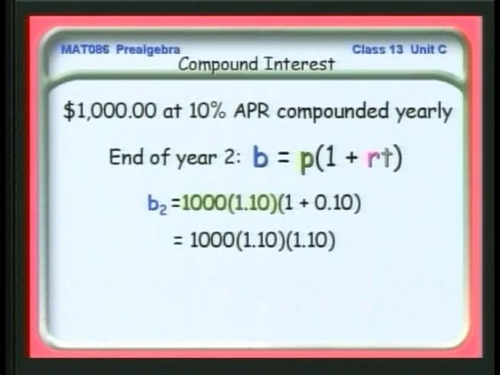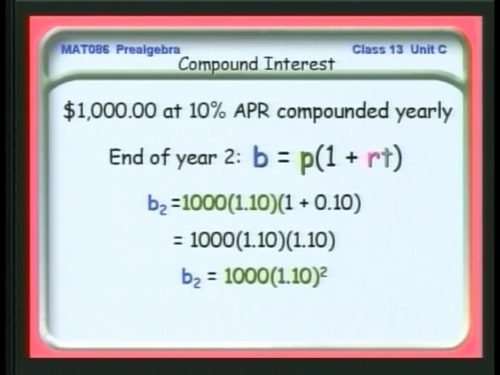What we have now is the 1,000 original money, the 1,000 times the quantity 1.1 from the end of the first year. Now at the end of the second year, because we add in that same factor, we have 1,000 times 1.1 times another 1.1, or 1.10 squared. At the end of the second year, the balance is 1,000 times the quantity 1.1 squared.